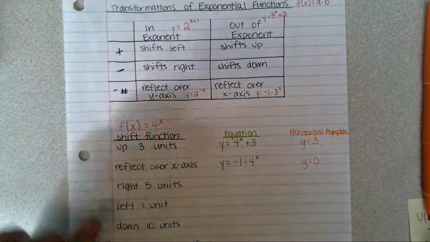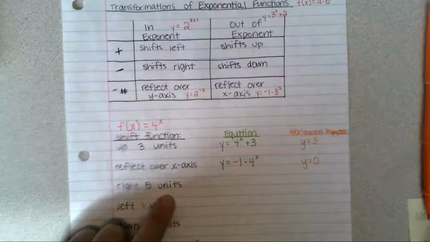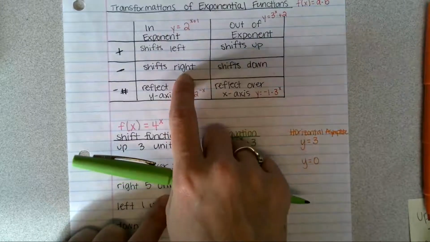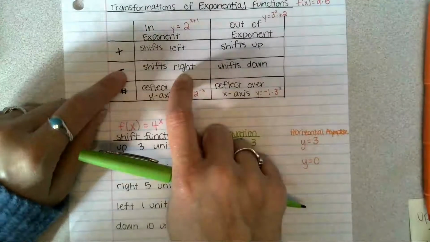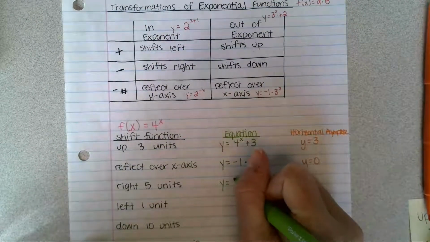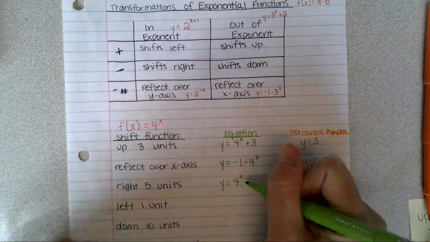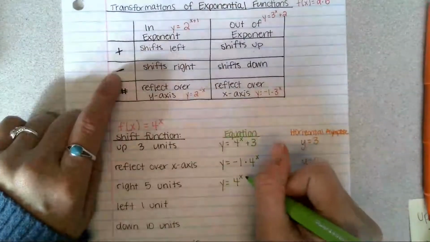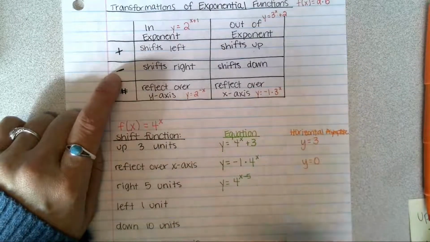All right, let's take a look at moving it right 5 units. Right is here. It is subtracting inside the exponent, so I'm going to have y equals 4 to the x, and then right was subtracting, so x minus 5 there in the exponent.